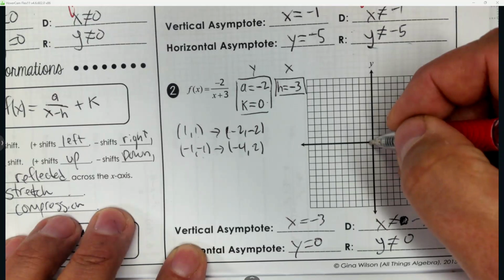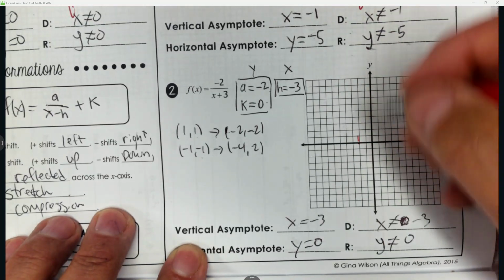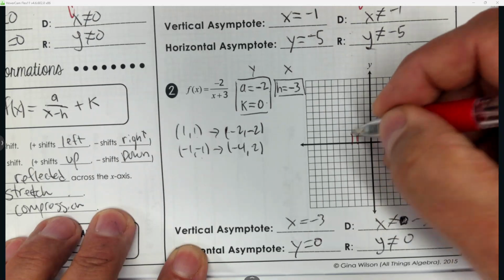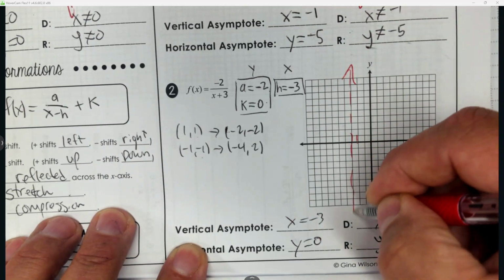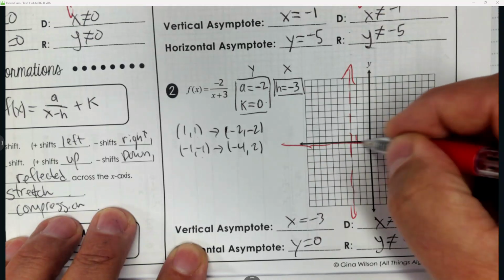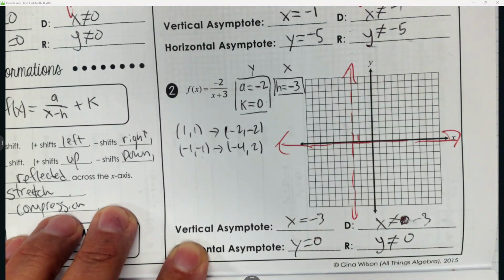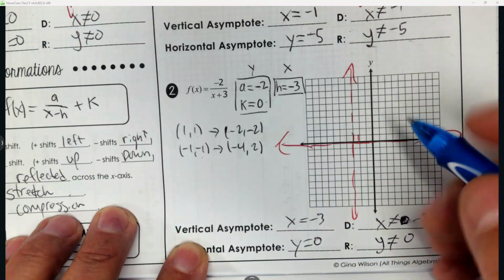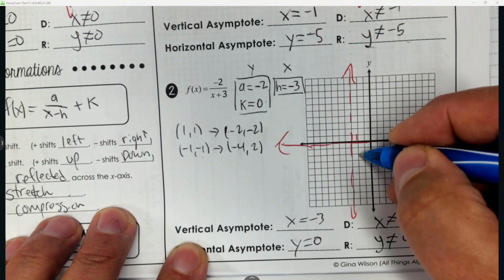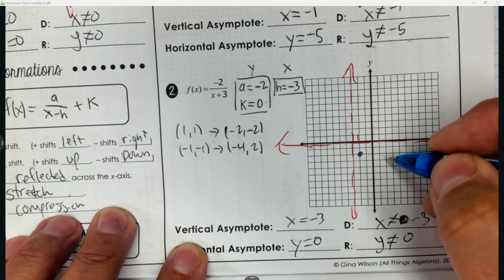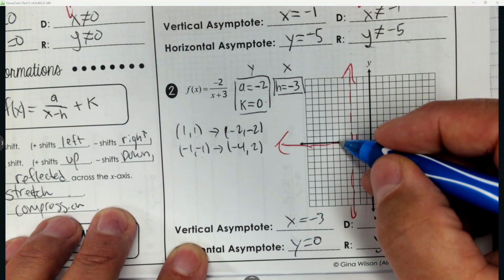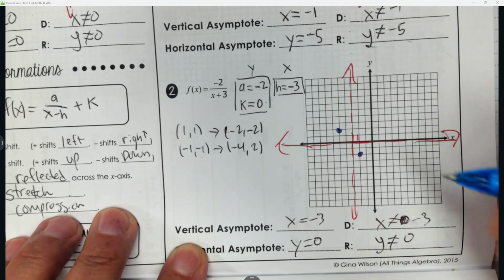So we have -3 is a line, and 0. We have a point at (-2, -2), and then at (-4, 2).